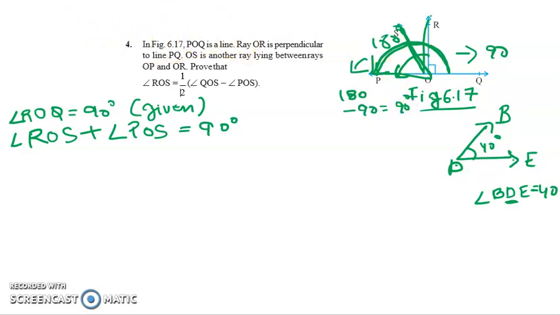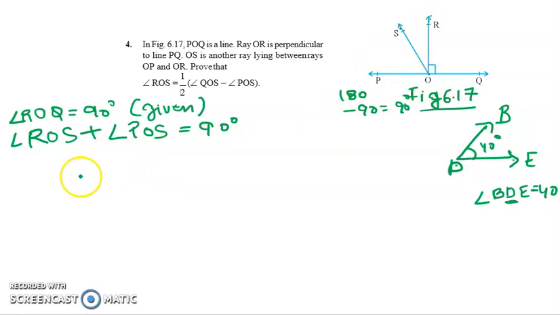Followed. I'm just rubbing this, students, so that the figure will be clear. So this means if this is perpendicular, which is given to us, this is 90 degree given to us, so this means angle ROS plus angle POS will be 90 degree. This means angle ROS plus angle POS is equal to angle what?